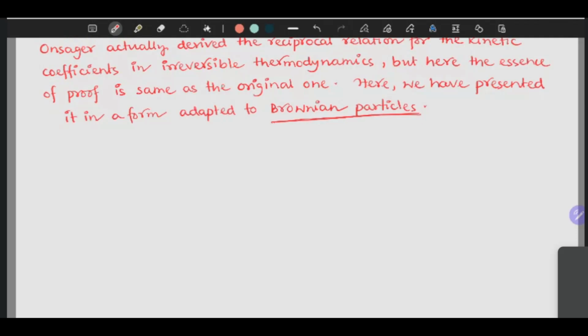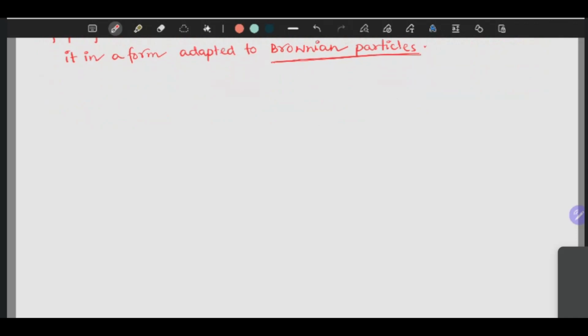Okay, so now we will prove the fluctuation dissipation theorem in a generalized form.